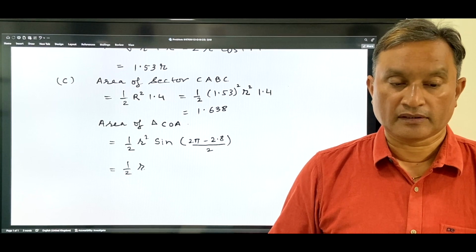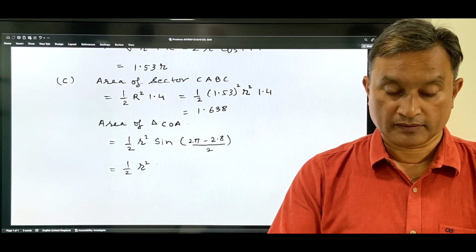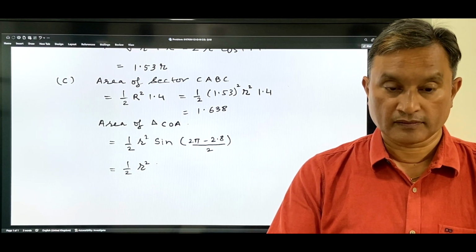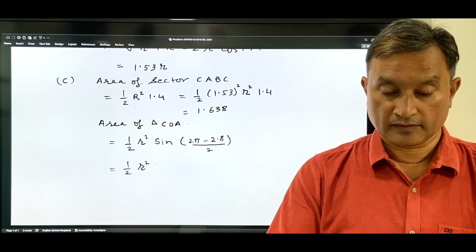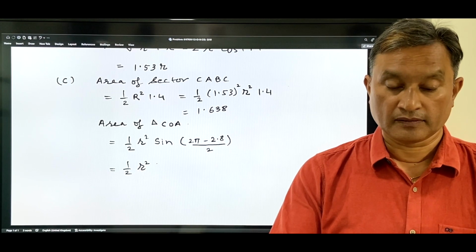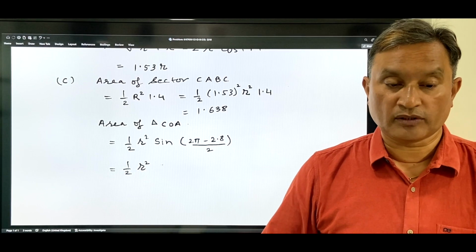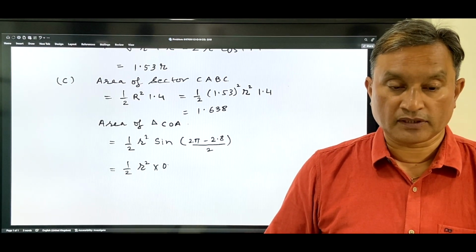Half R square into sine of that, so the value would be 0.985.